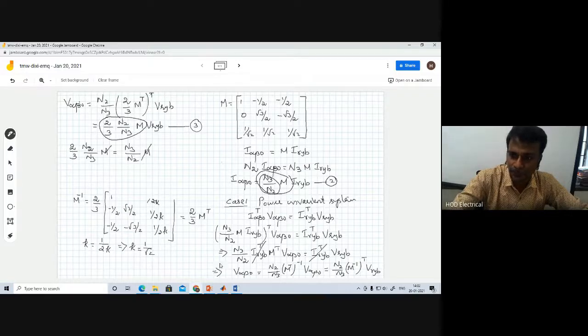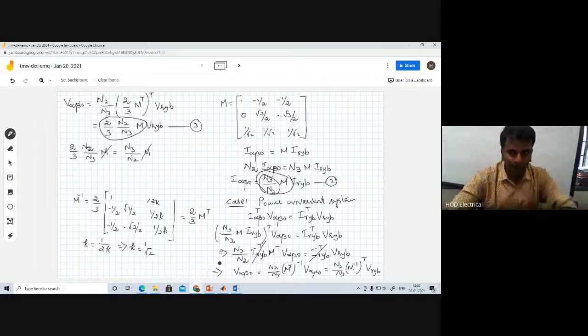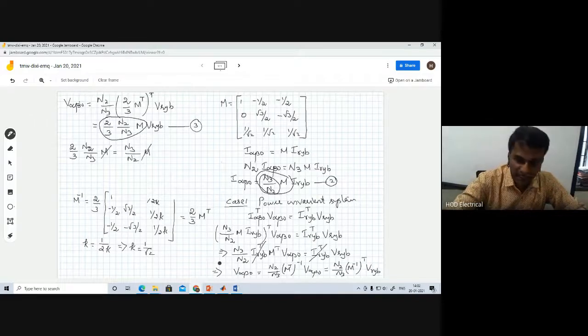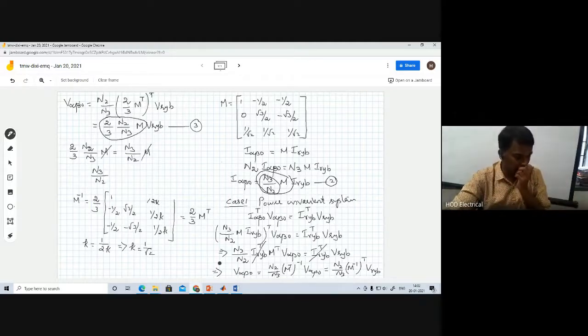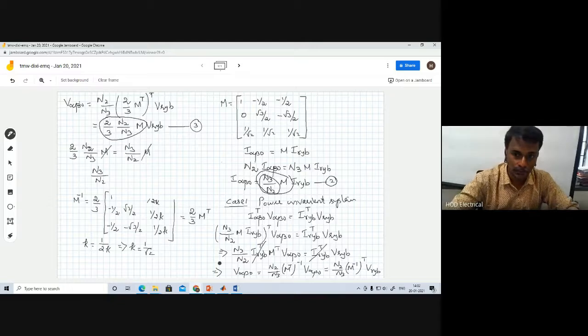So M will cancel. From this we have N3 by N2 into M equal to 2 by 3 N2 by N3 into M. So it cancels, and N3 by N2 equals root of 2 by 3.